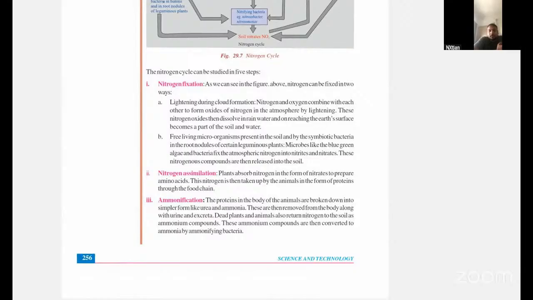So nitrogen is important. Protein is made up of nitrogen. In the 11th, 12th class, if you opt for biology, you will find out the chain of the protein, how the amino acid is formed.